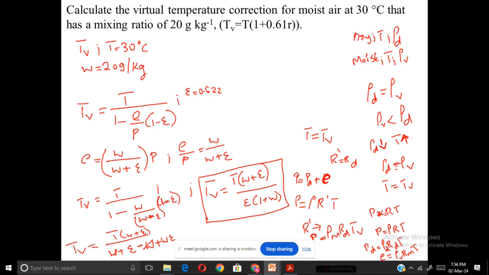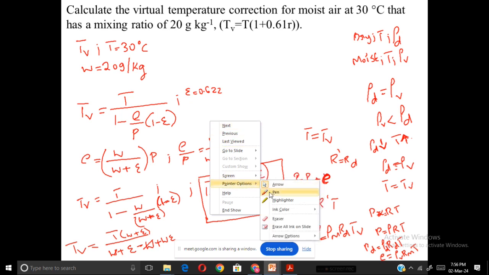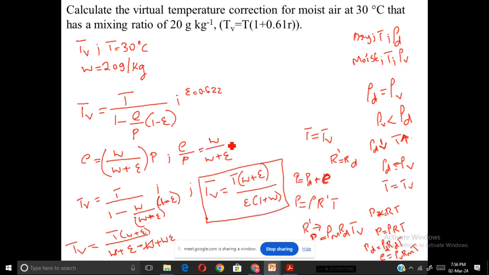And just now we derived the equation for vapor pressure in terms of mixing ratio, which is E is equal to W by (W plus epsilon) into P. So from this, E by P will come as W by (W plus epsilon). Substituting the value of E by P in the equation of virtual temperature, we get TV is equal to T by (1 minus W by (W plus epsilon) into (1 minus epsilon)).